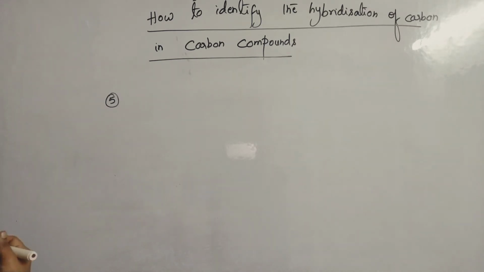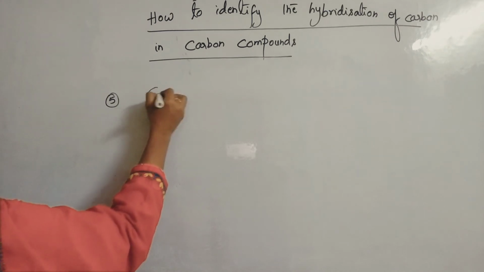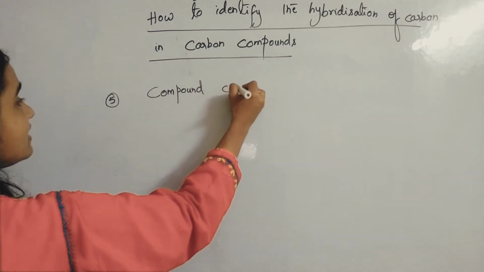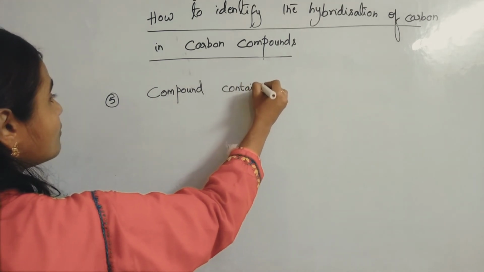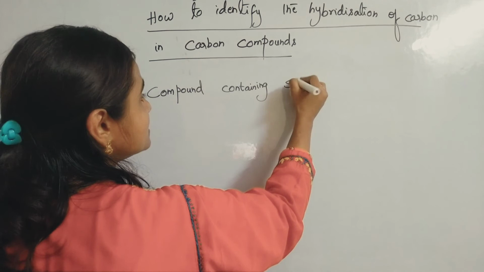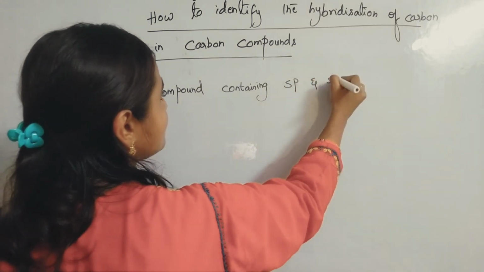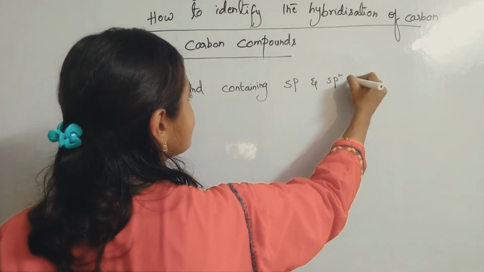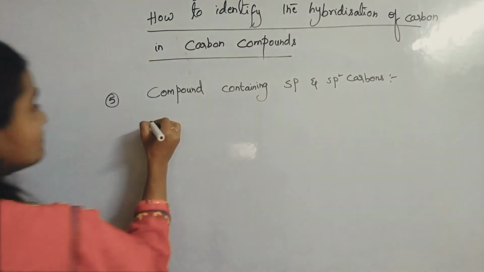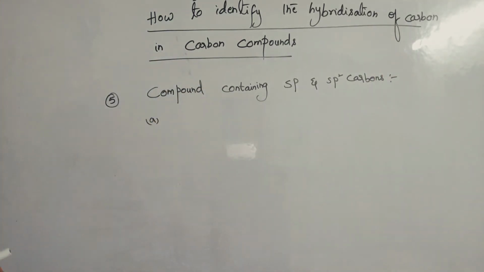Compound containing sp and sp2 hybridized carbons. Which compound among the following? Only sp and sp2 should be there.